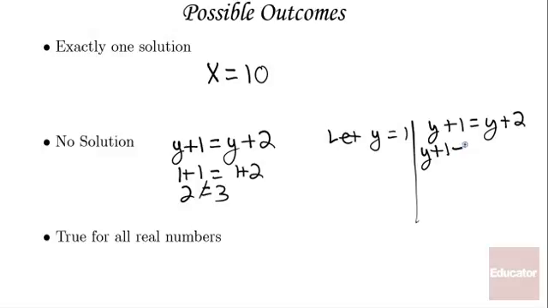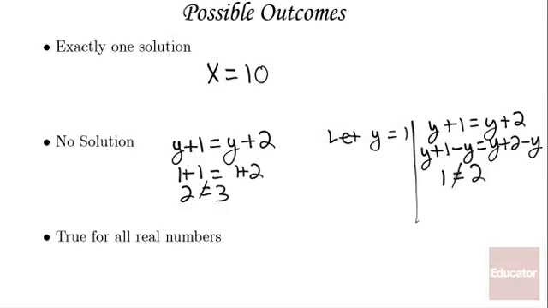So I have y plus 1 minus y equals y plus 2 minus y. Then what happens is my y's drop out. Y minus y is 0, so I have 1 equals, and then on the right side the same thing happens. Y minus y equals 0, so I have 1 equals 2. Since 1 does not equal 2, this equation is not true. So I would say that for this equation there is no solution.